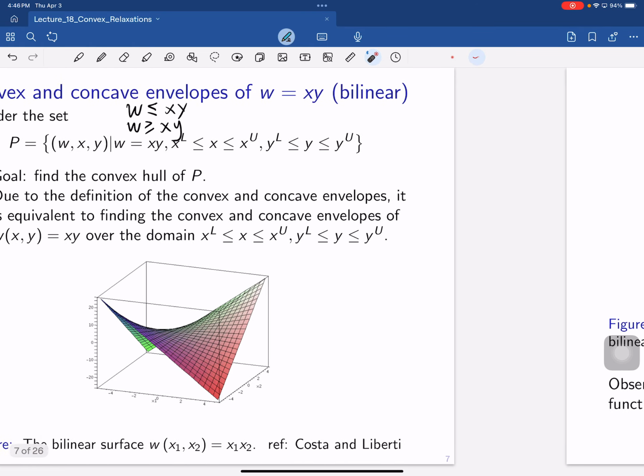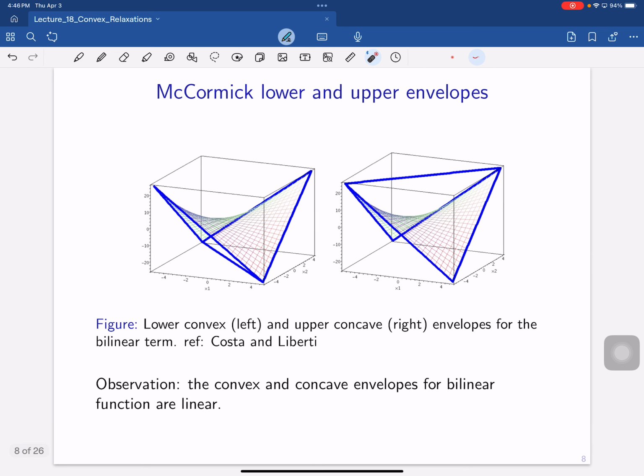Okay. Now, how does the convex and concave envelope look for W equals x times y? It is very easy to see. You can plot it. The convex envelope is two hyperplanes. It's this hyperplane here, and then the other hyperplane is here.